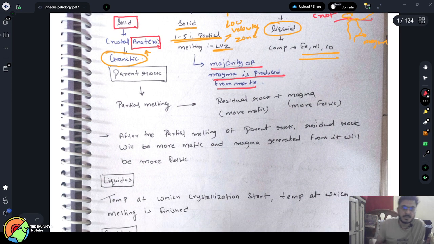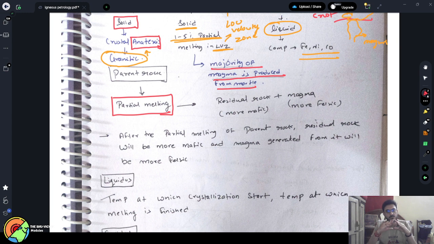Now what is partial melting? In partial melting, what happens? Your rock is there, and as we know, this rock does not melt at once. Slowly, this rock will melt. Suppose a rock is there and its melting starts.